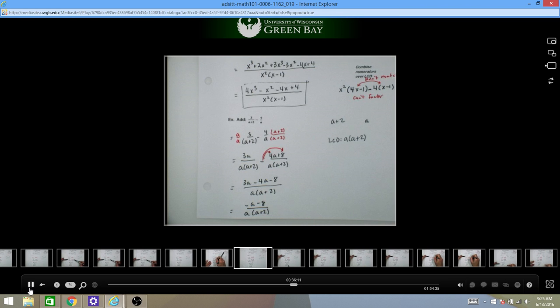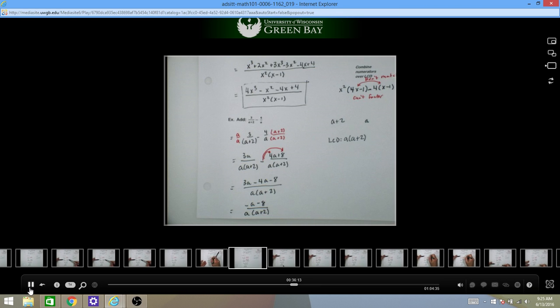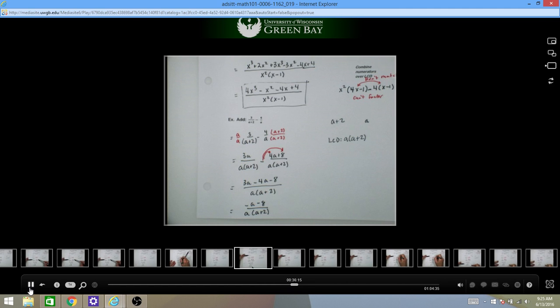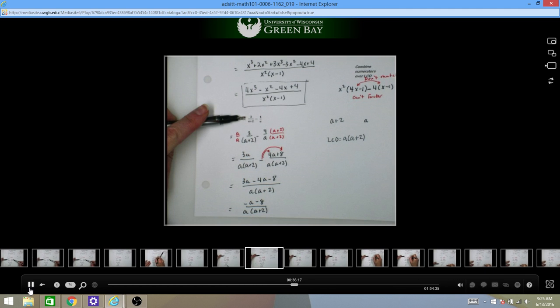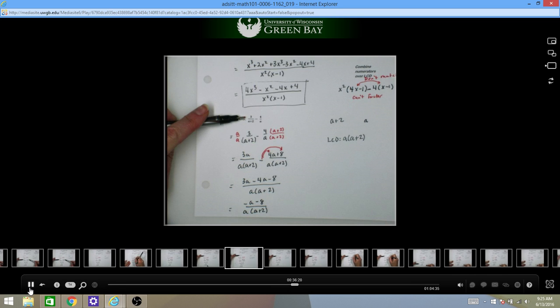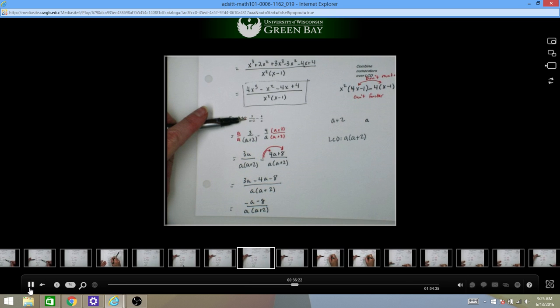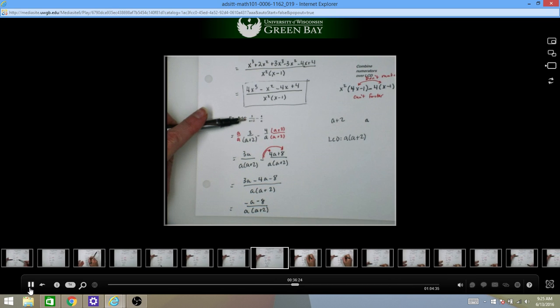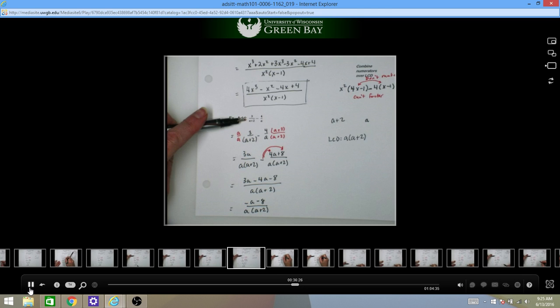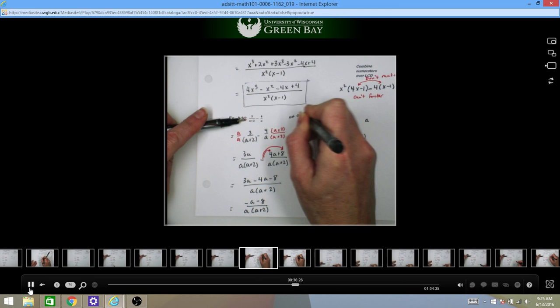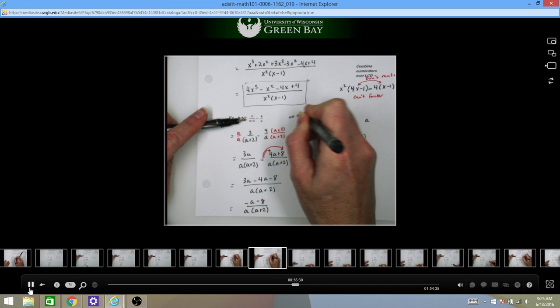The whole goal on these is to start with this and finish with this, and they are equal in value. So if you plug the number in for a up here and compare it to the number you put in here, you get the same thing. For example, just pick a as 1. Then you'd have 3 halves minus 4.